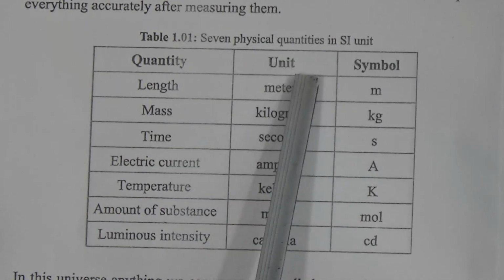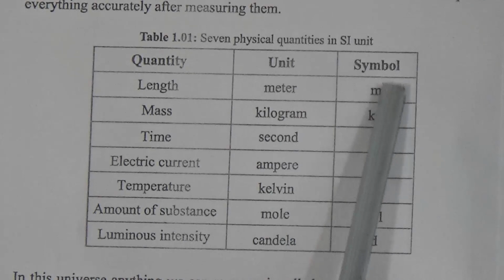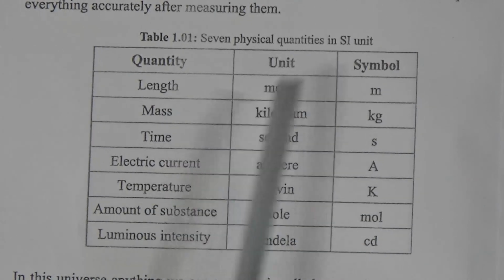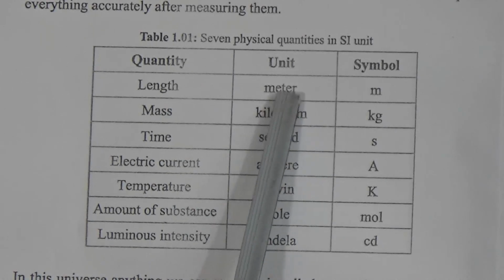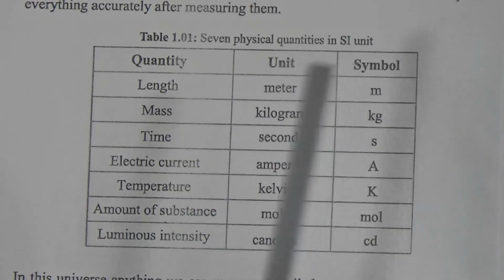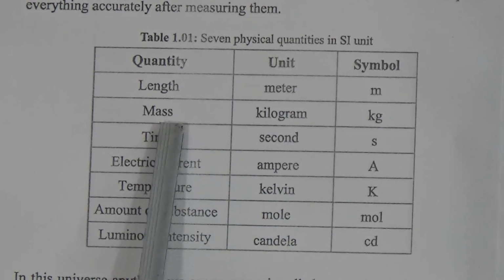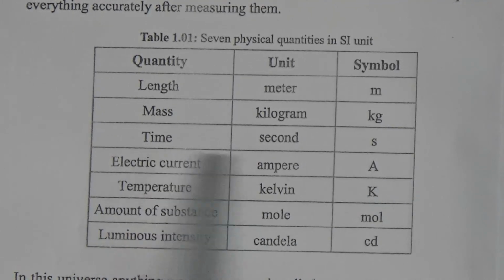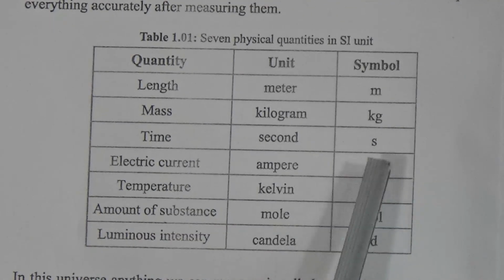Here is given the unit and here is given the symbol. The unit of length is meter. This is SI unit. The unit of length is meter and symbol is m. The unit of mass is kilogram and symbol kg. The unit of time is second and symbol s.